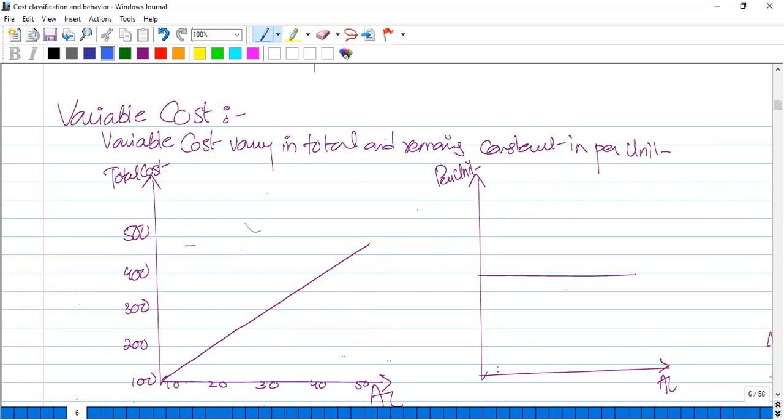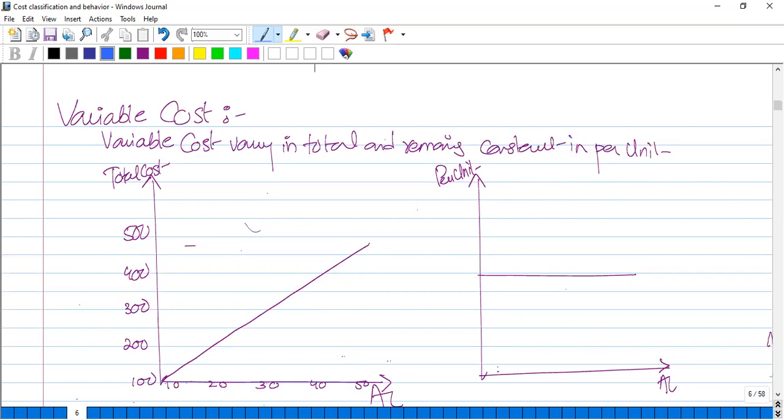If I am making 30 units, my cost would be $300. As the number of units increases, my total cost also increases. So this is the graphical representation and illustration of variable cost in total.